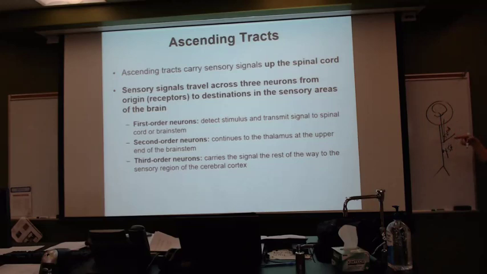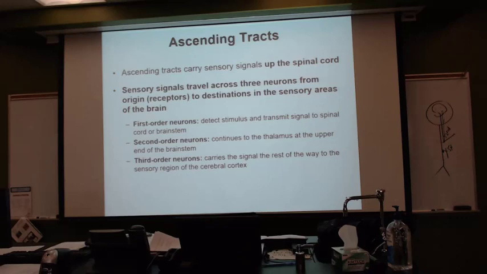Now, once that information travels up the spinal cord to the brain, there is something that has to get that information to the area of the brain it needs to go. And that is called our thalamus.